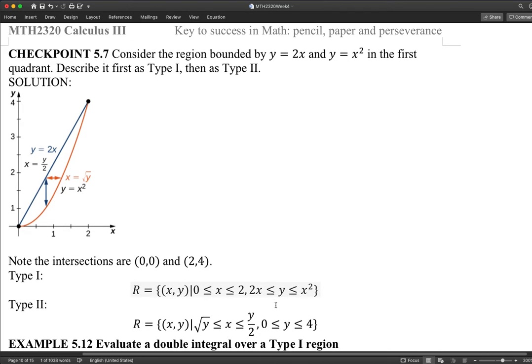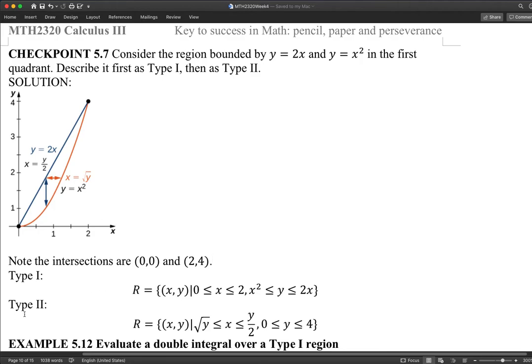I think I should switch these. Y is changing from x squared to 2x, because x squared is in the lower place, right? Yeah. Y is changing from x squared moving upward to 2x. It should be in this fashion. Okay, type 1 region. So this is how we describe a type 1 region.